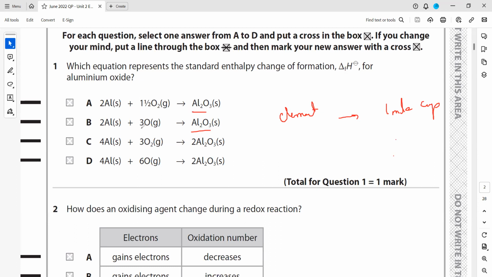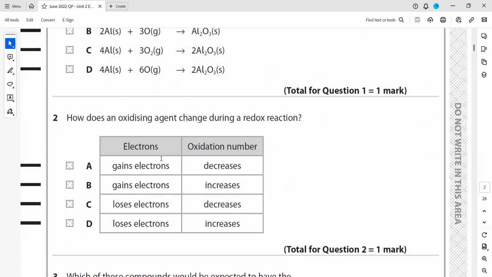Here, what happened? Oxygen is an atom. It should be how the element exists in its natural state. That's how it should be formed. So that's why in A, oxygen is a molecule. Oxygen exists as a molecule. So elements in their standard state will form 1 mole of a compound. We call that the standard enthalpy change of formation.